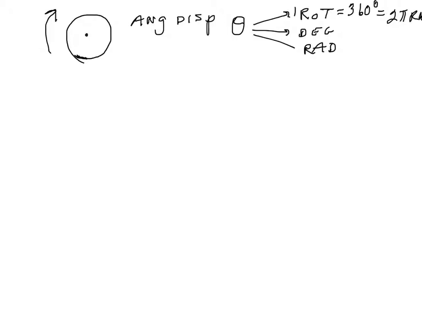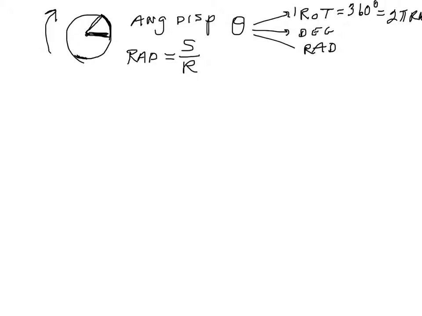Just briefly reviewing, a radian is the angle where the arc length, that's the arc length here, is equal to the radius of the circle. So the definition of the angle in radians is found by the ratio of the arc length, which we call S, to the radius of the circle.